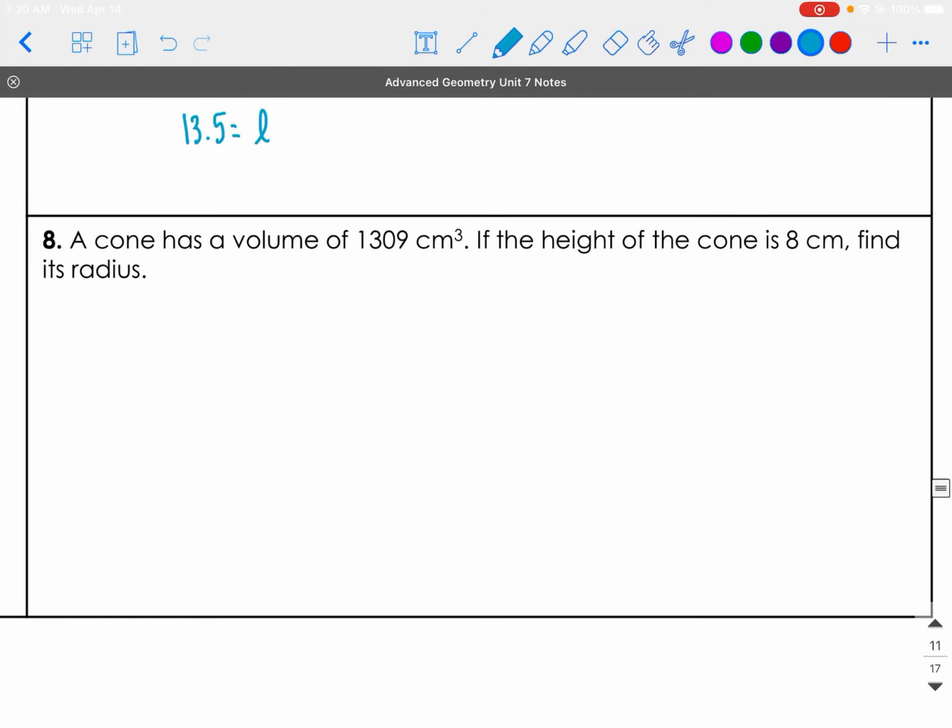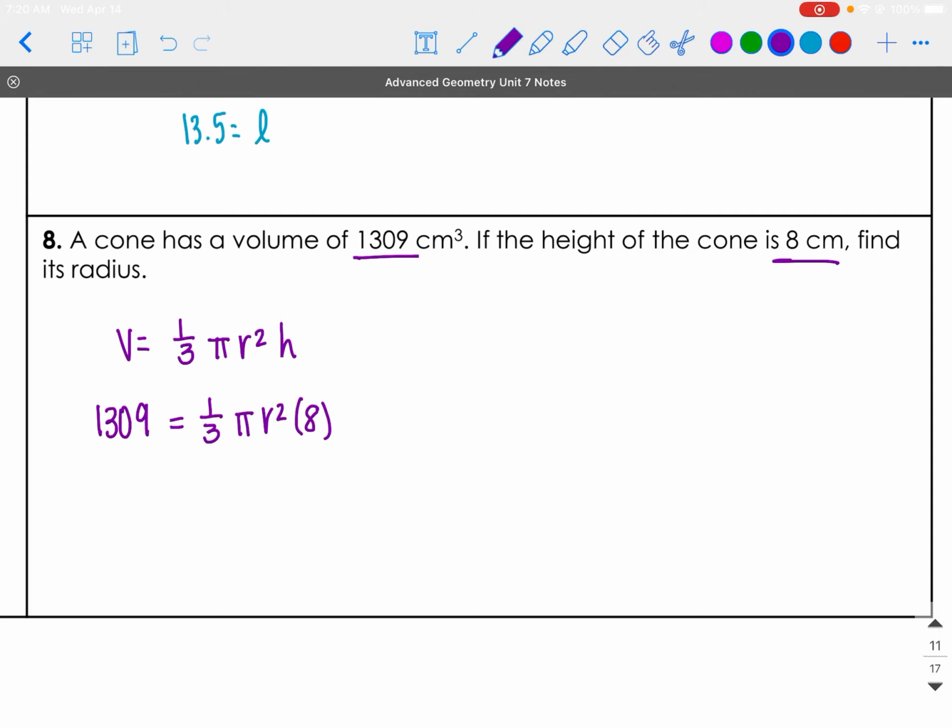All right, and number 8, volume is 1/3 pi r squared h. The volume is 1,309 and the height is 8. So I just filled in the information that was given.